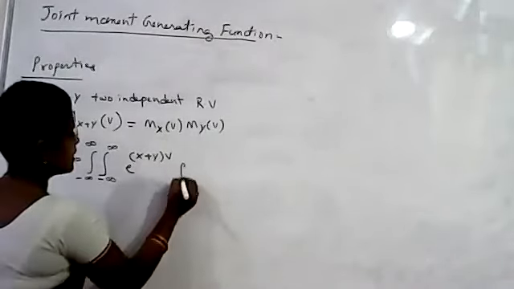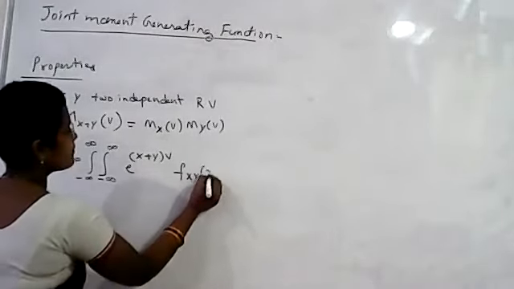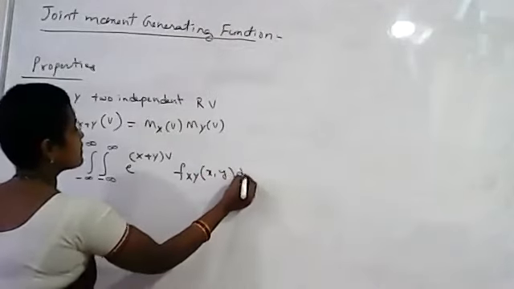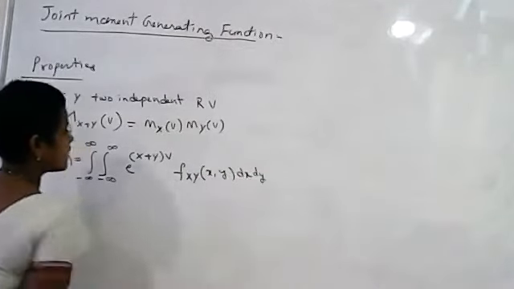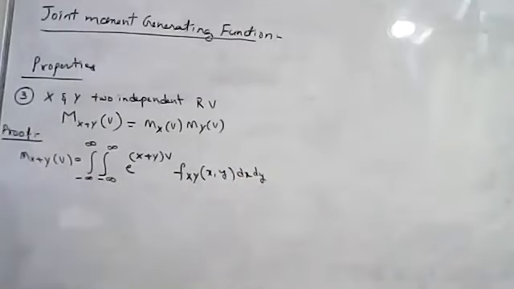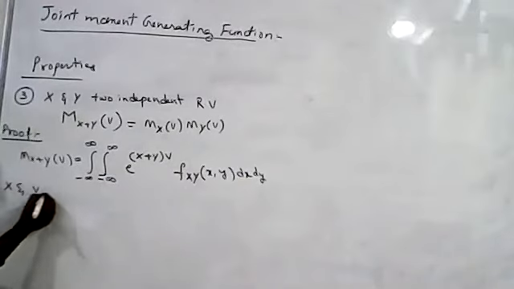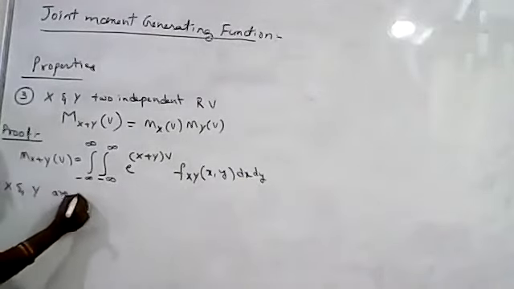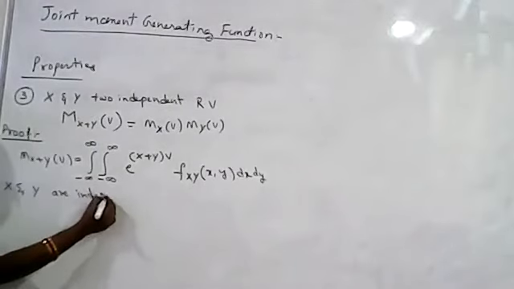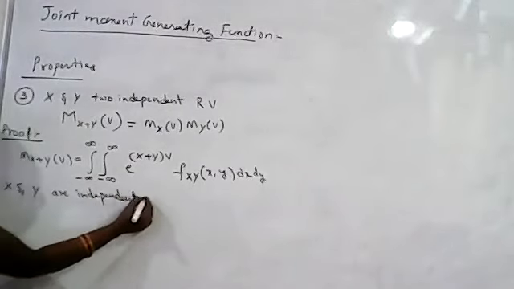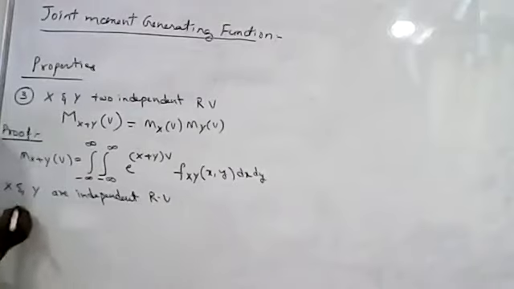Since we have two random variables, we have to consider the joint probability density function, f_XY of x comma y, dx dy. Since x and y are independent random variables, you know how to write the joint density function.